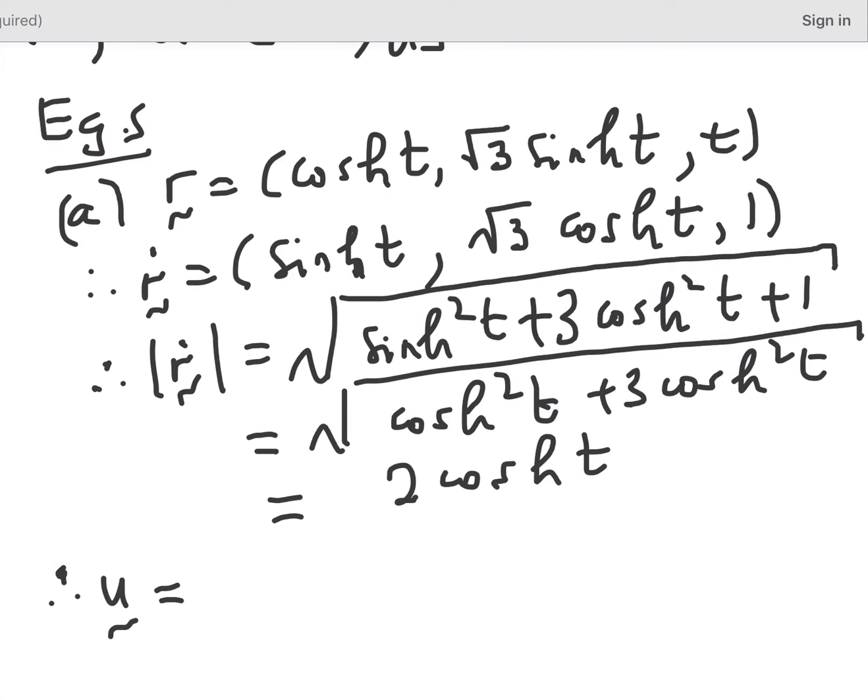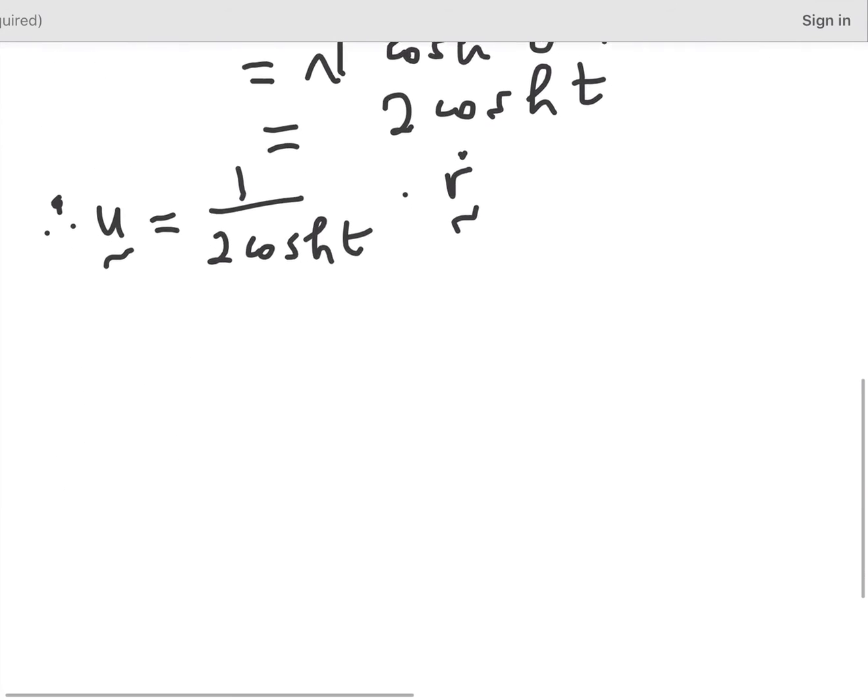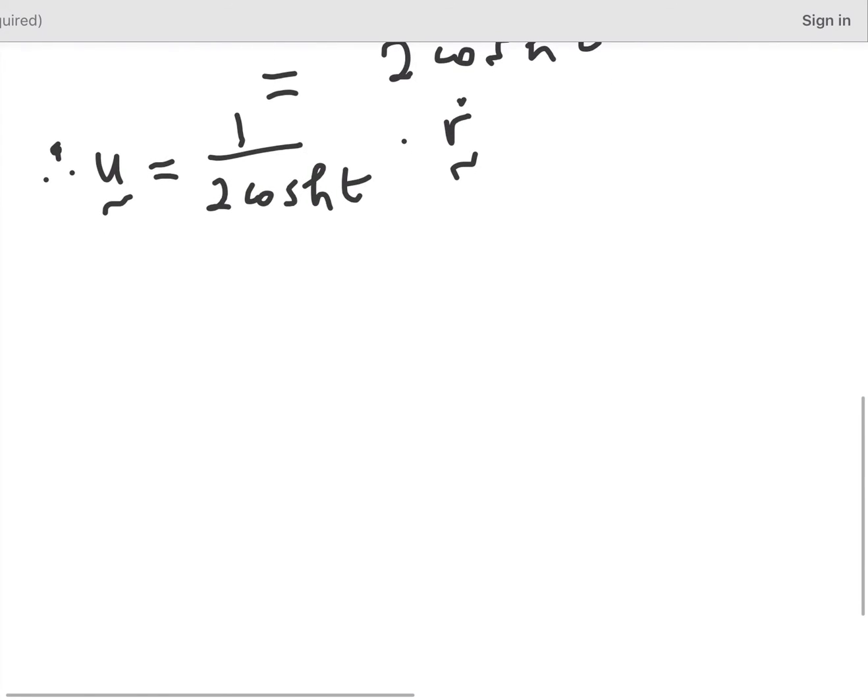So I'm going to divide each component. Well, let's write this as 1 over 2 cosh of t. This is 1 over the mod of r dot multiplied by the vector r dot. And once we have that, we can write the unit tangent vector in terms of its coordinates.